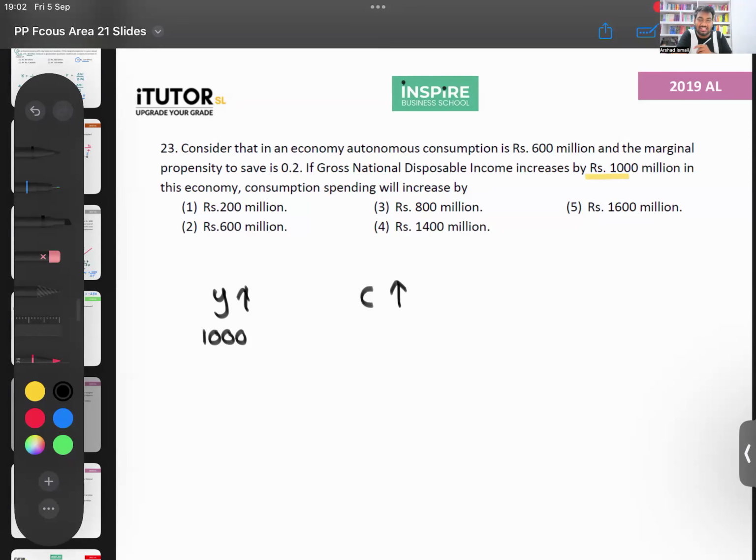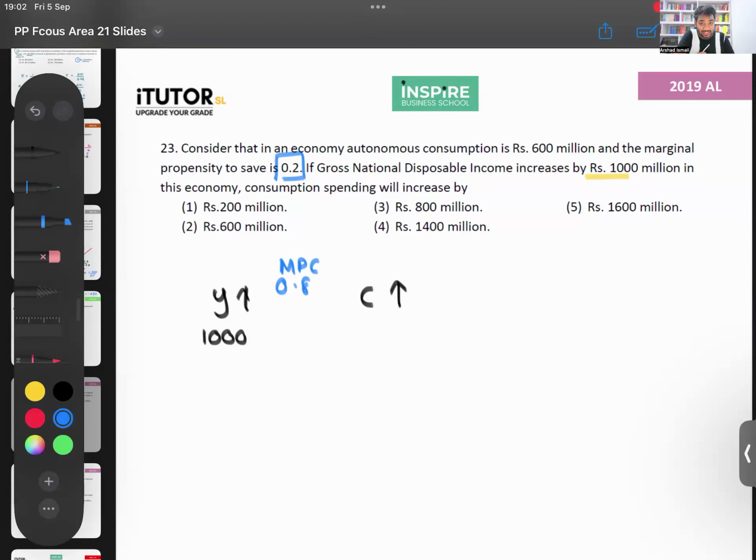What should you consider in this question? You have to consider the MPC, right? MPC is telling us when income increases, how much does consumption increase by. So if your MPS is 0.2, how much is your MPC? MPC will be 0.8.